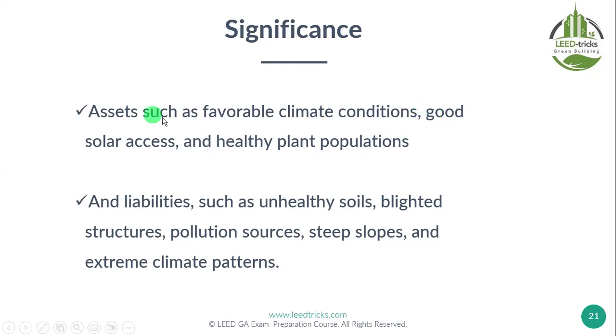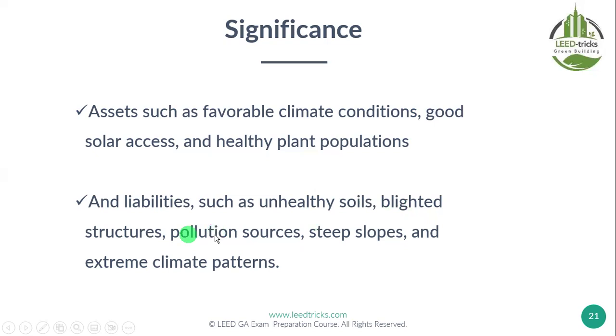So assets, okay, and liabilities. Liabilities are anything that threatens or has an impact on the people who will live on the site later after the building, or that will impact your design, construction, or operation process.